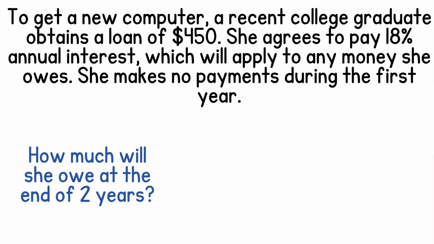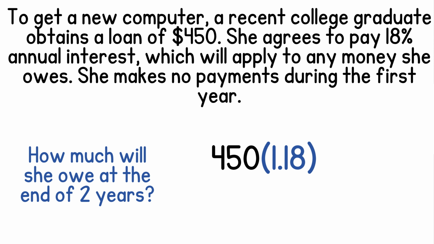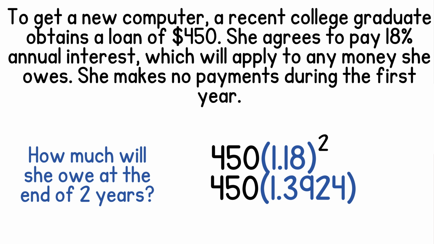Now how much will she owe at the end of 2 years? So we'll take the loan amount of $450 and the multiplication factor of 1.18. But we're going to add an exponent of 2 since now we have 2 years. Squaring 1.18 gives us a value of 1.3924, and multiplying that by the 450 will give us a value of $626.58 after 2 years.